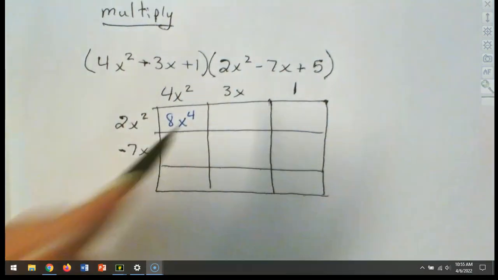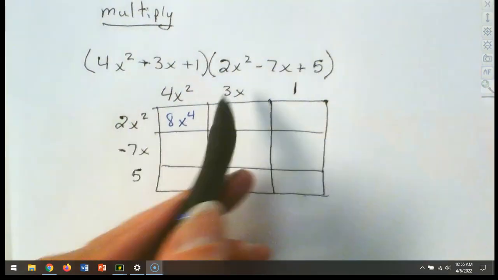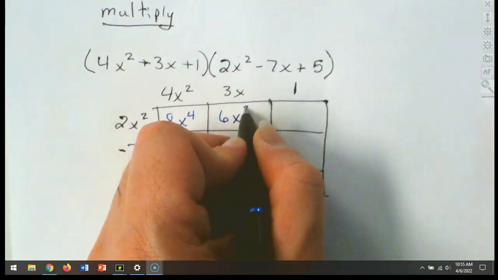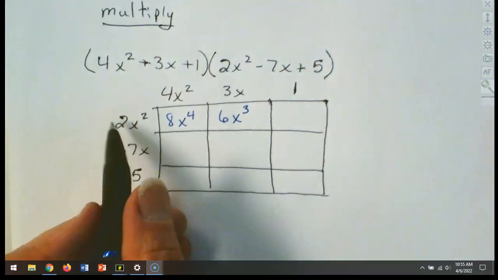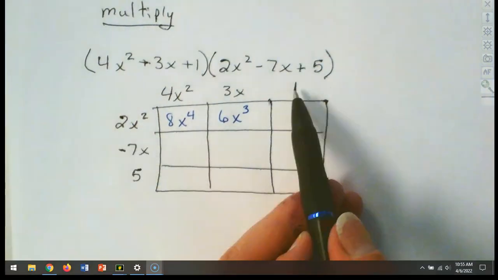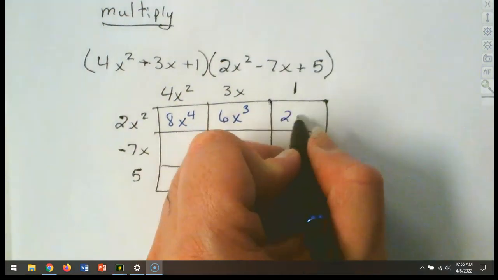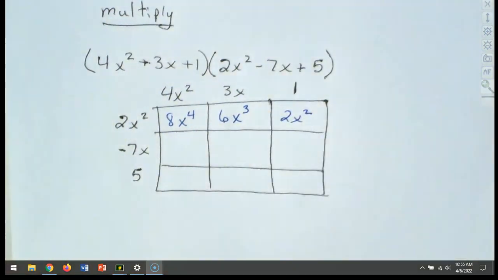3 times 2 makes it 6. X squared and another x makes it x cubed. 2x squared times 1 stays the same as a 2x squared. Next row, repeat the process. Negative 7 times 4.